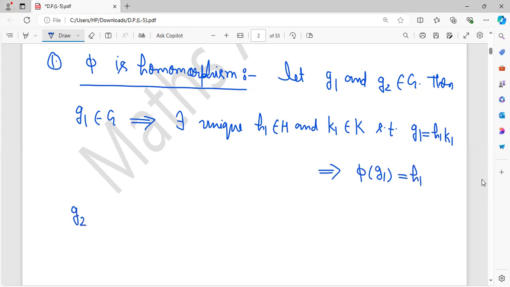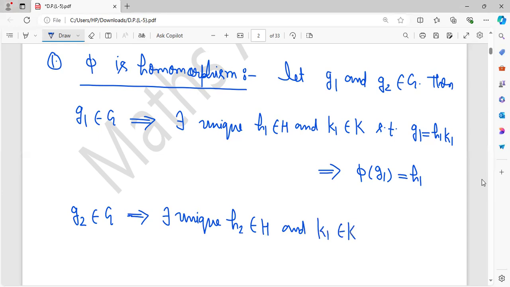Now g2, similarly, g2 belongs to G. This implies there exists a unique h2 belongs to H and k2 belongs to K such that g2 is equal to h2 k2.